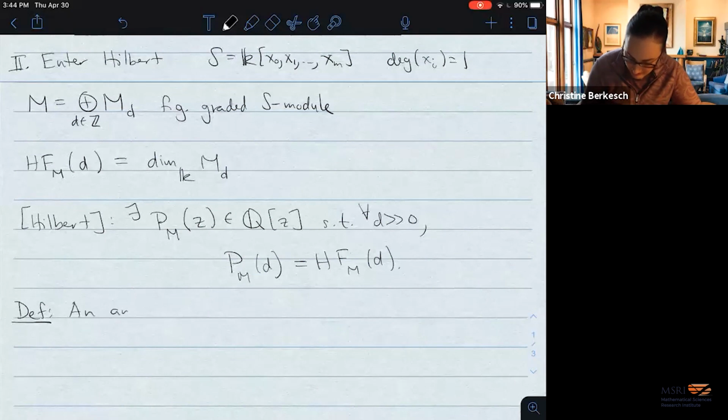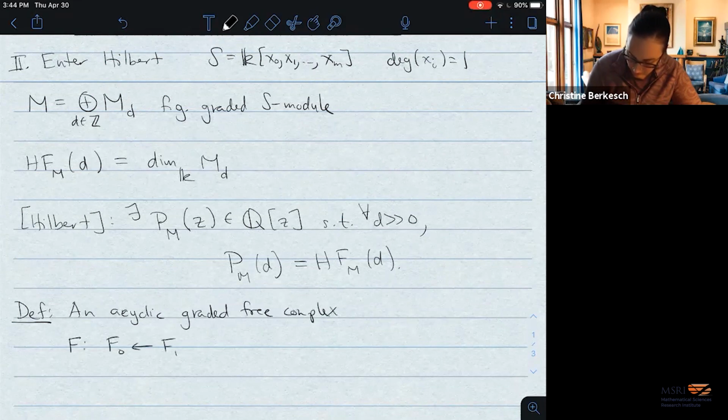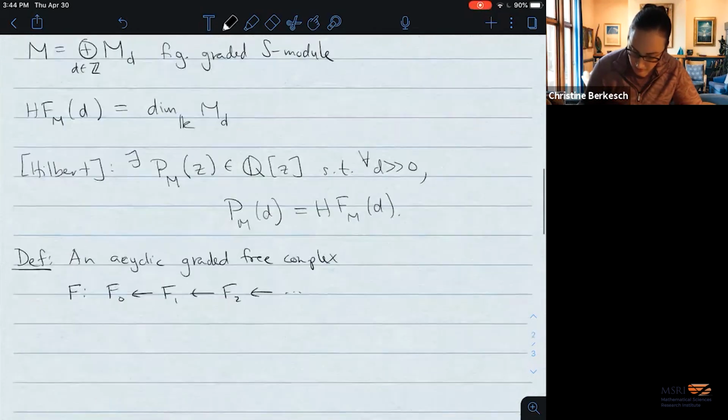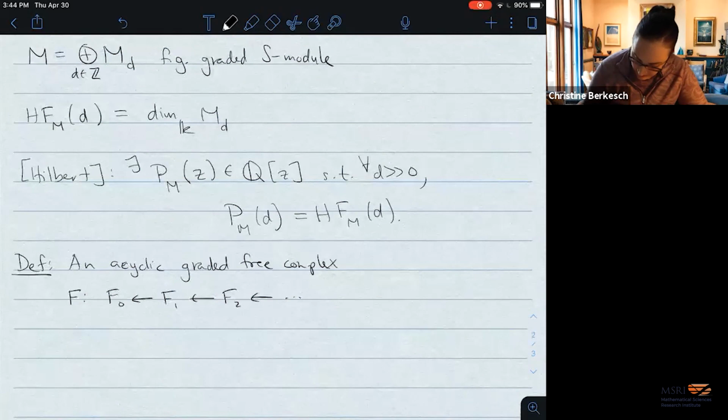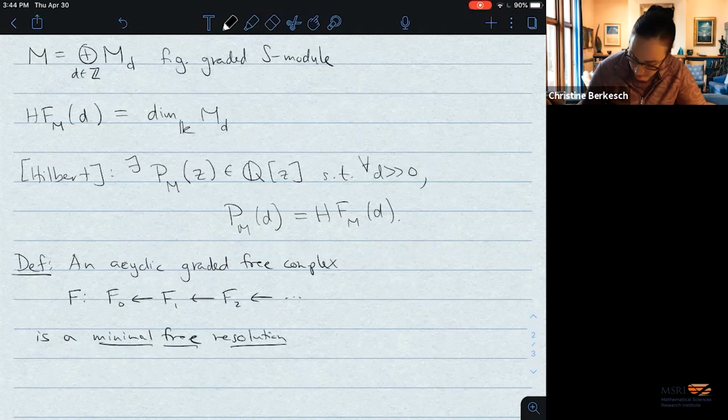So we have an acyclic graded free complex, called F. And this is a minimal free resolution of M if a few things happen.